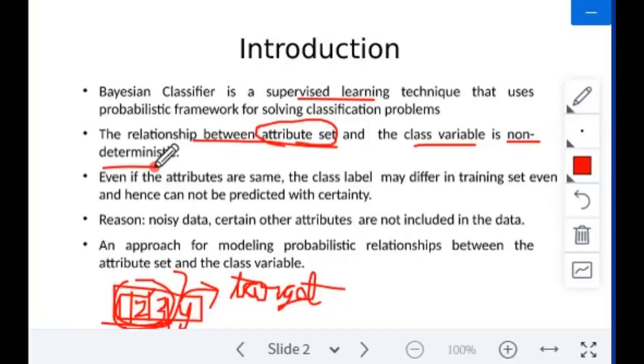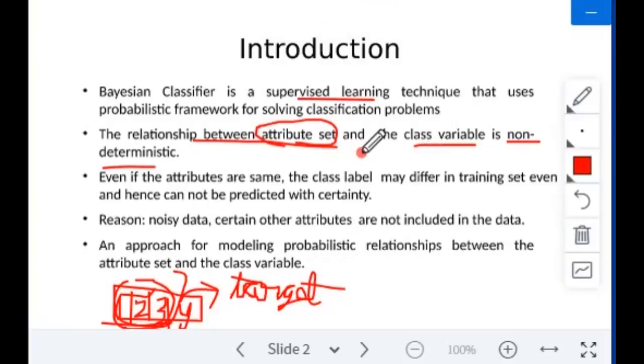In previous classifiers, if you see decision tree, rule-based classifier, or k nearest neighbor, what we are doing is we take the training data set, and when the test record is given, the features which are almost matching that test record decide the class label to which the test data is allocated.